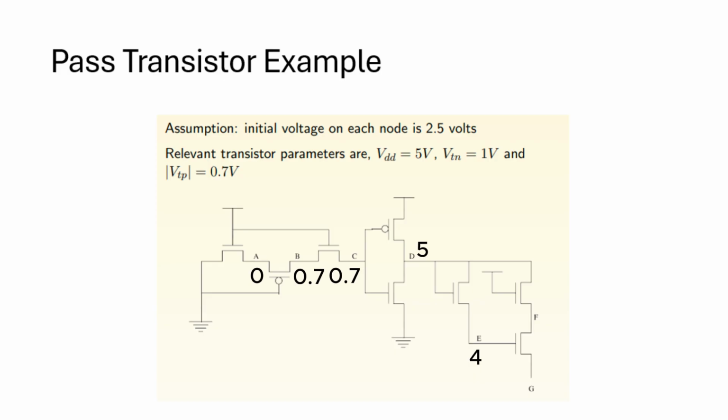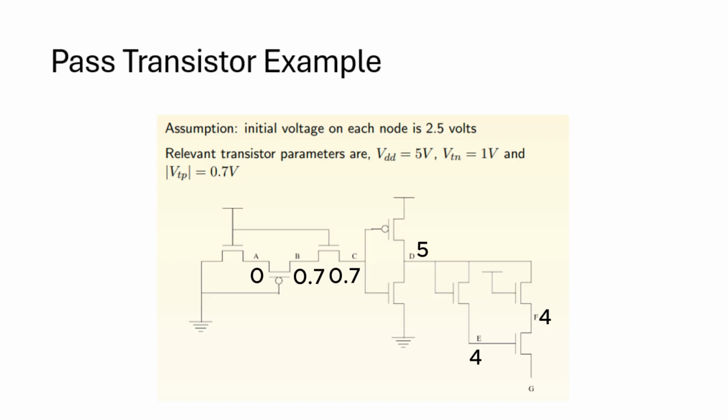The next node is F, which is the output of again an NMOS based pass transistor. Its gate voltage is 5 volts, which is greater than VTN, so the transistor will be on and input will be passed to the output. Again, input is connected to node D, which is at 5 volts. As the NMOS transistor produces a degraded output, the output at node F will be 5 minus 1 volts, which is equal to 4 volts again.